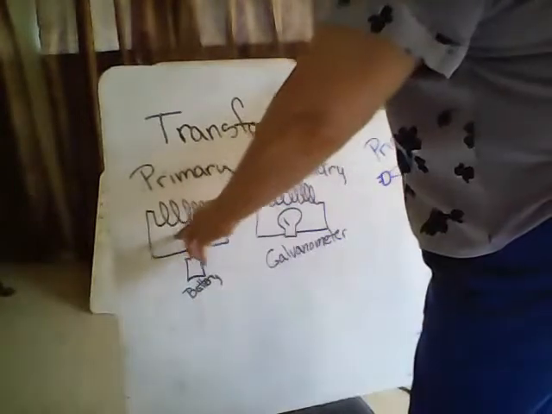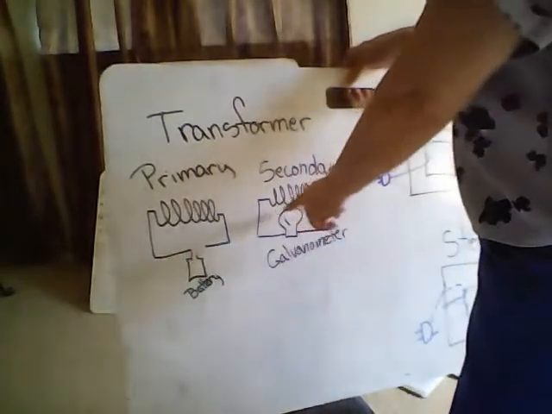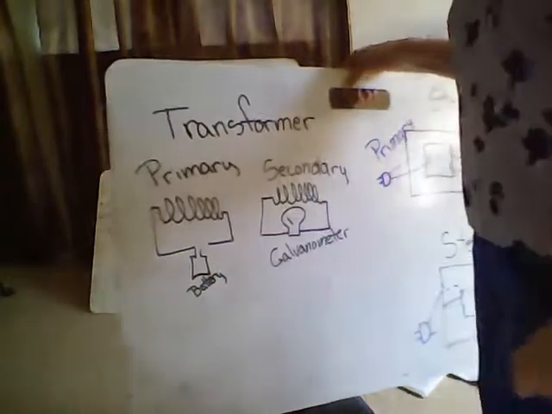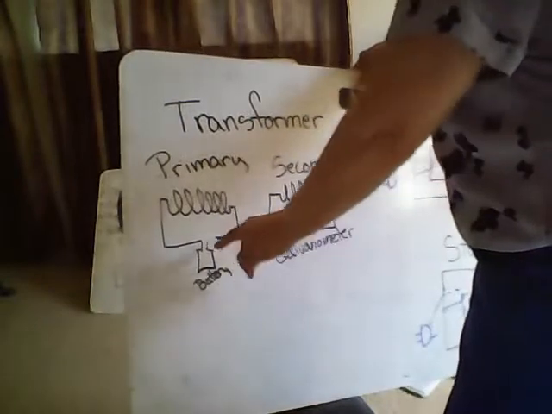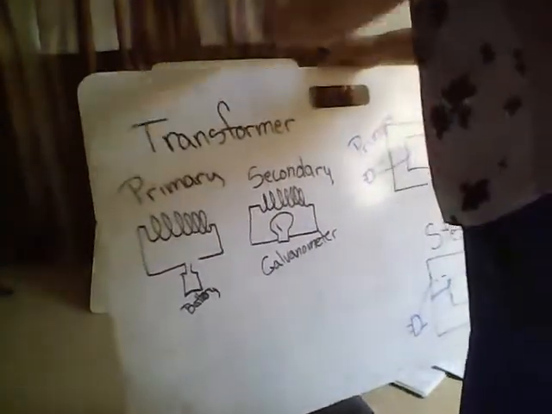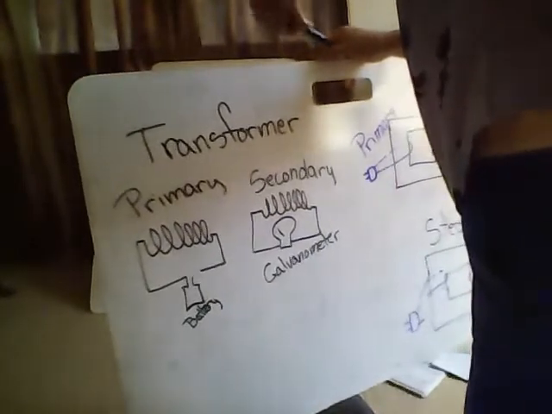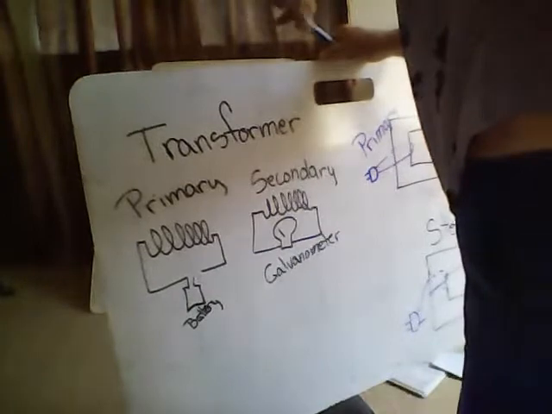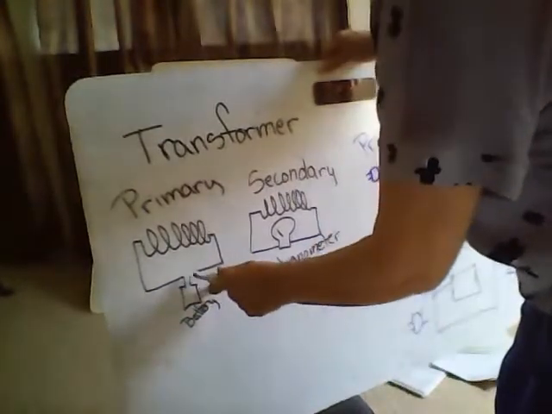So if we have 7 loops here, I believe I drew 7, and we have 7 loops here. When we close the switch, right now there's no reading, but when we close the switch on the transformer, we momentarily induce a voltage in that second set of coils.